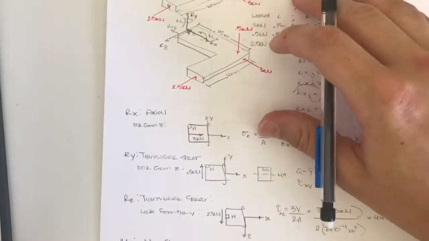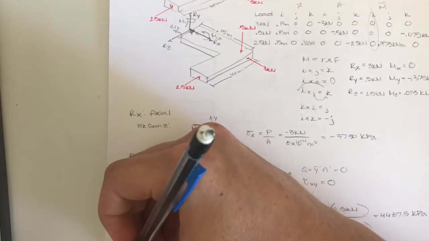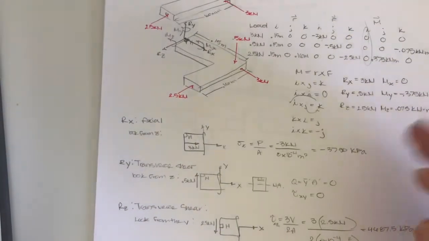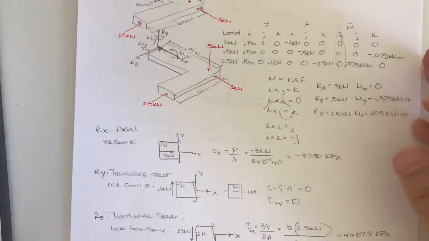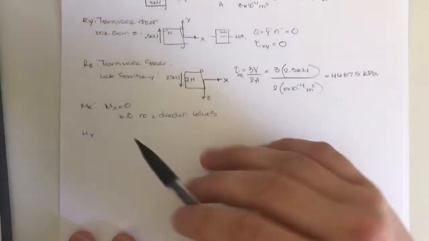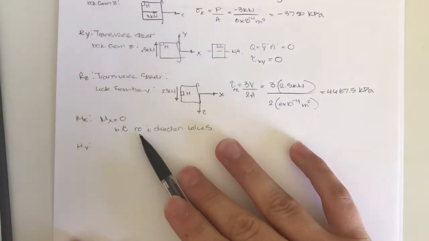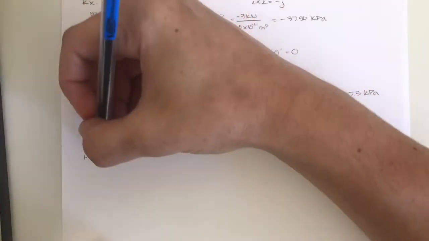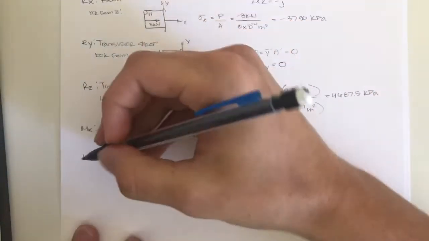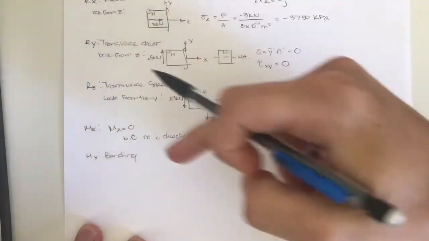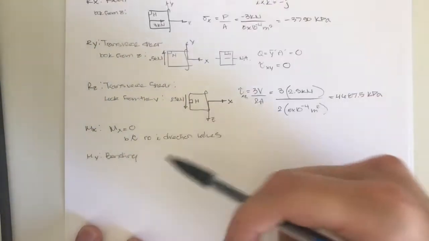So now we are going to move on to the moment in the y direction right here. The moment in the y will be a bending force. So we are going to have to look down the y to observe that moment.